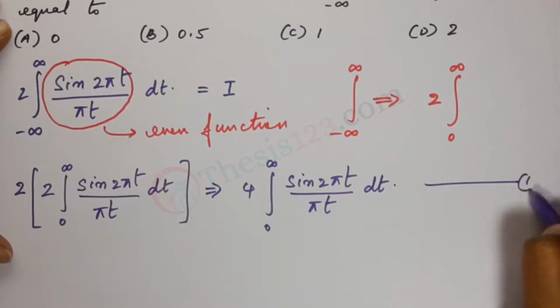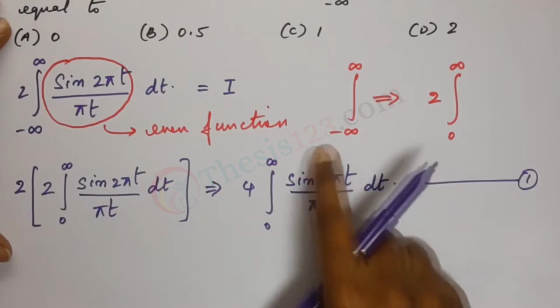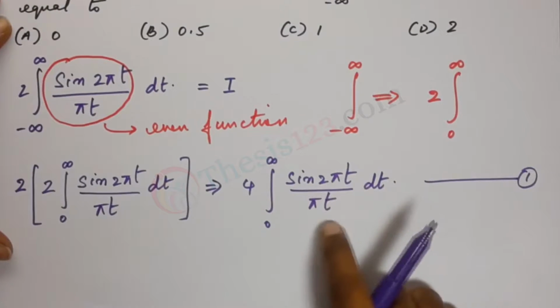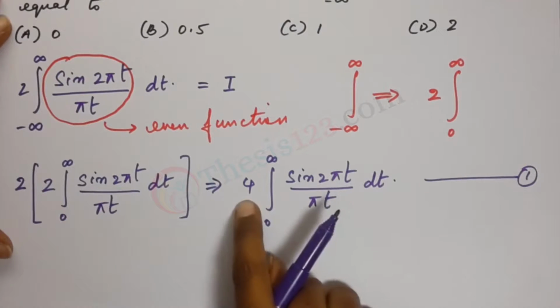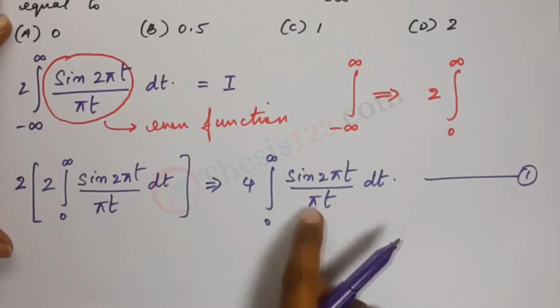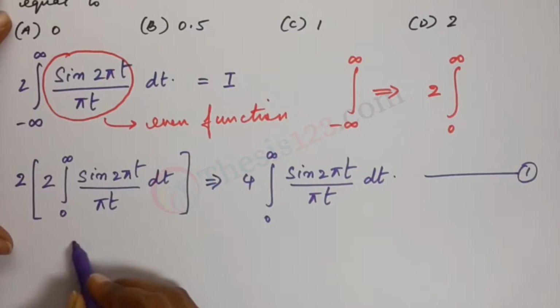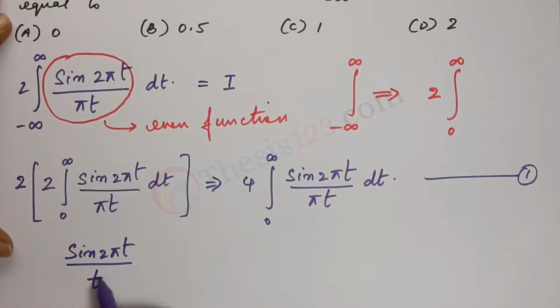Let's write this as equation 1. Now we'll take the part inside the integral, sine 2 pi t by pi t. Let's take pi outside, and just consider sine 2 pi t by t.